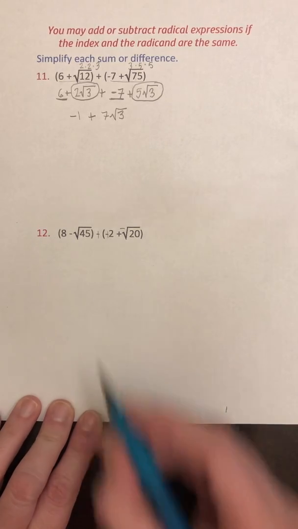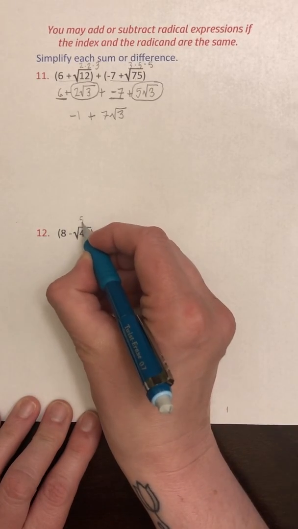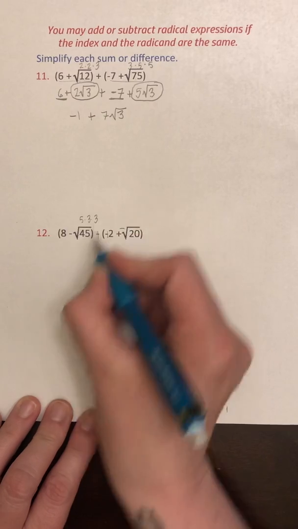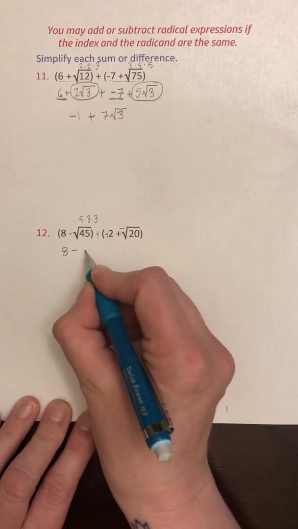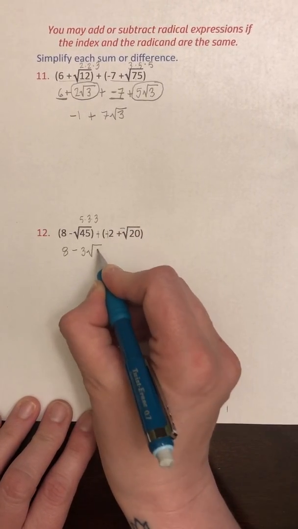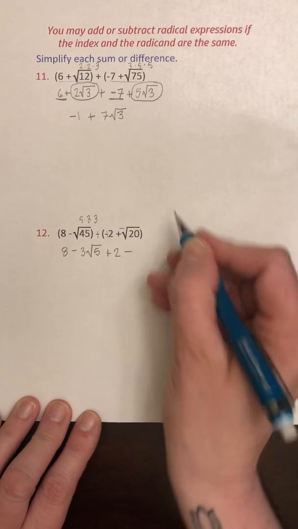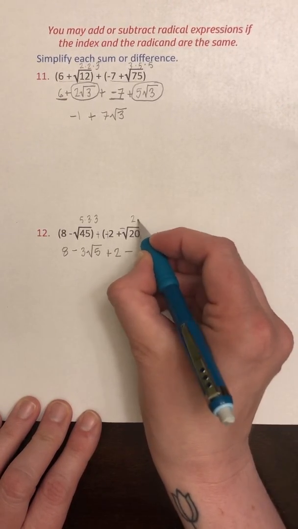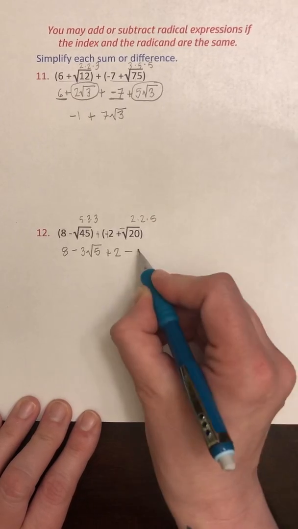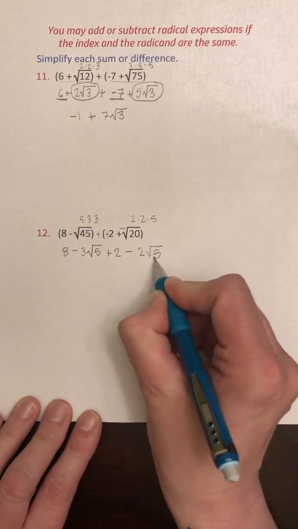So 45 breaks down into 5, 3, and 3. So I'm going to have 8 minus 3 on the square root of 5 plus 2 minus, 20 breaks down into 2 times 2 times 5, so minus 2 on the square root of 5.